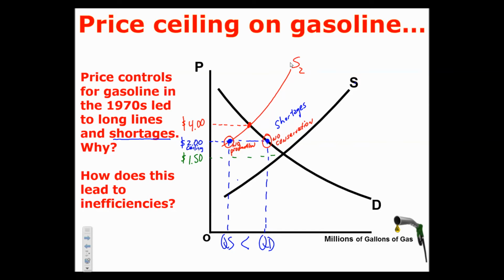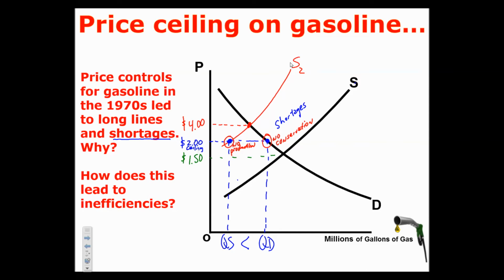What that ends up doing is keeping resources from being used in their most efficient manner. Instead of us as individuals maybe moving towards a more efficient car or driving less, we make no decisions based on price, and so we end up using more gasoline than we otherwise would have.